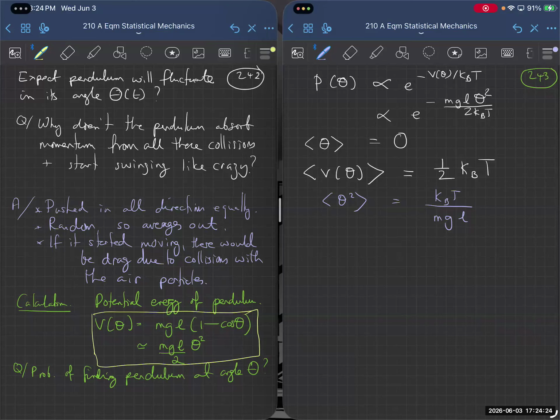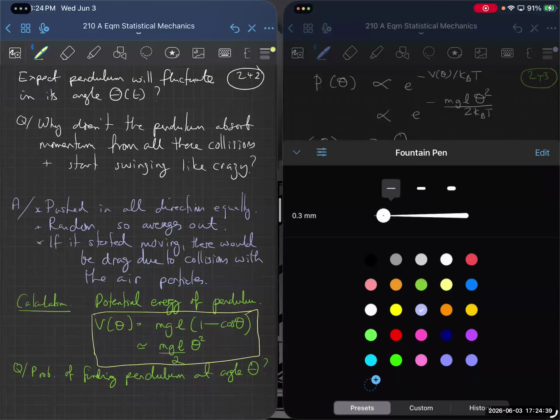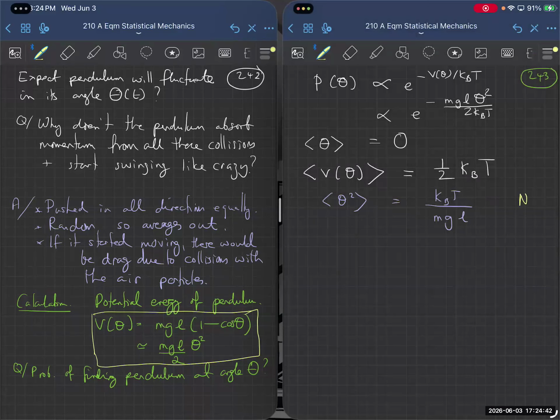So this is exactly what you collectively said: the thing is non-zero, and it depends on temperature. And if it depends on temperature, then that means it's an equilibrium thermal statistical property.